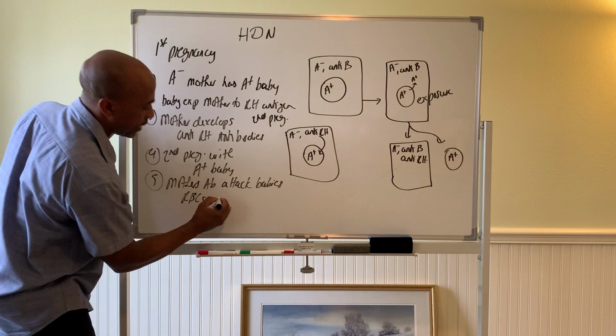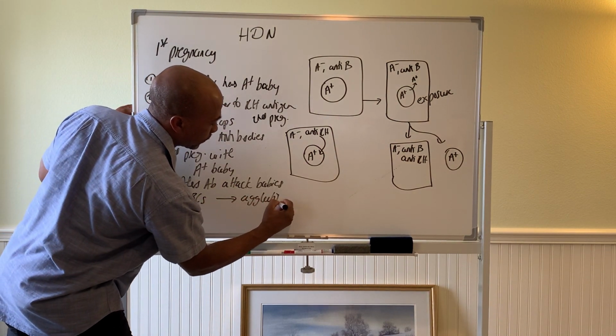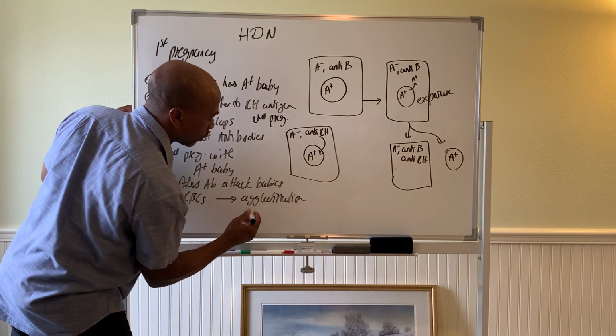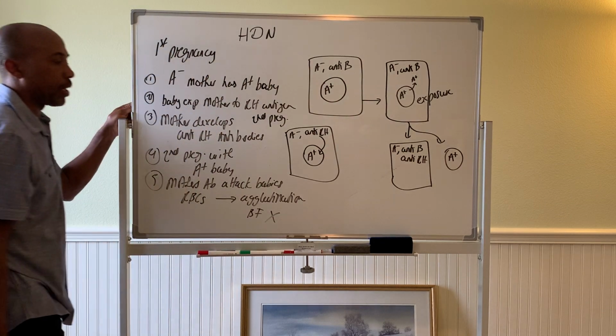Okay, this can lead to clumping, what's called agglutination, as well as blocking, so blood flow may be compromised.